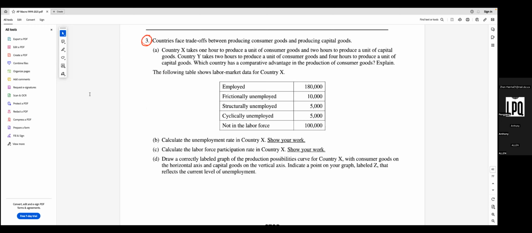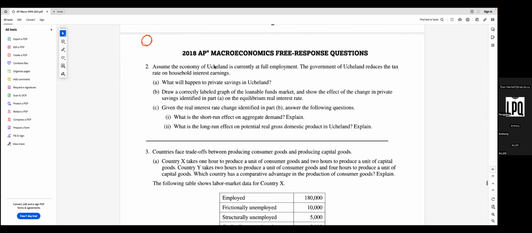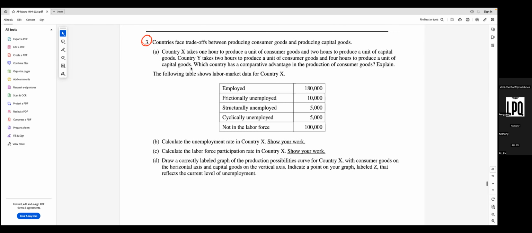For question number A, it actually is an old topic. It's a very old topic. We brought this in earlier in week number 1.